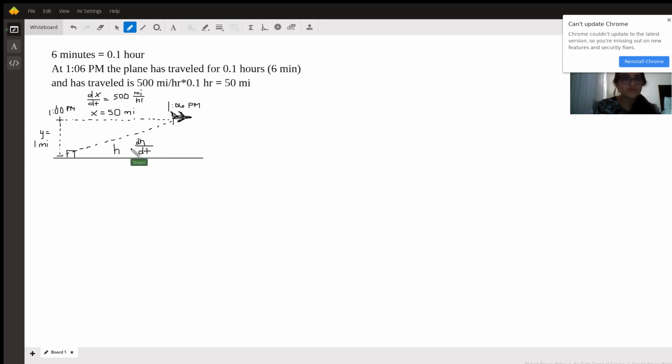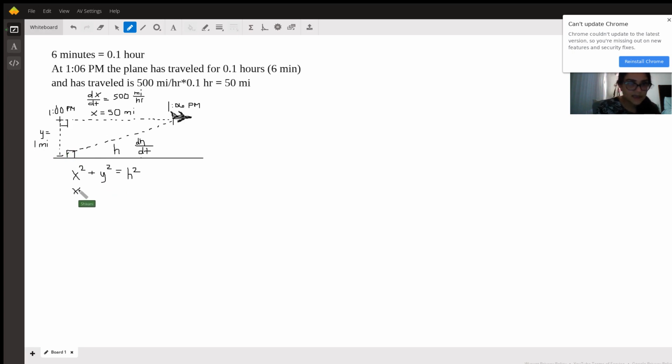Now let me first write an expression for h in terms of x. Based on the Pythagorean theorem, we can look at this as a right triangle. We have x squared plus y squared is equal to h squared. Now, y is constant at 1 because the plane is traveling at a constant altitude of 1 mile.